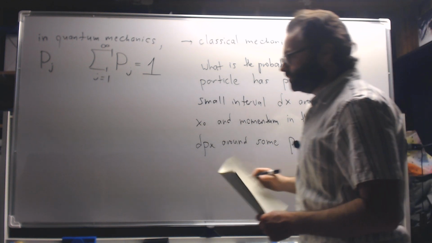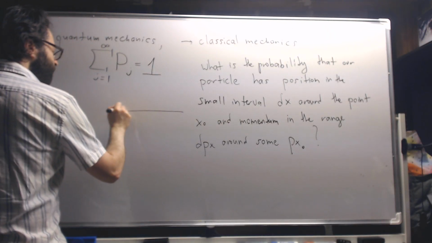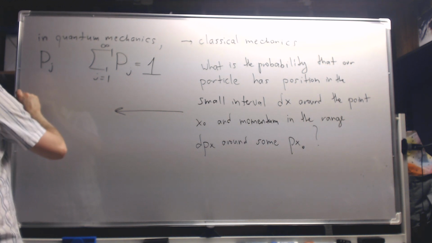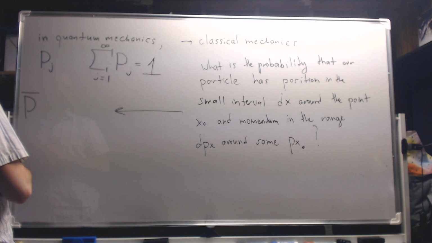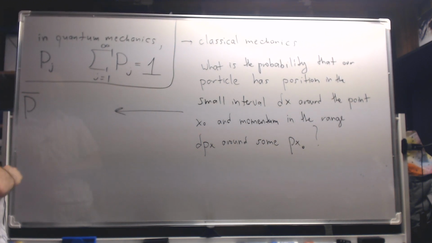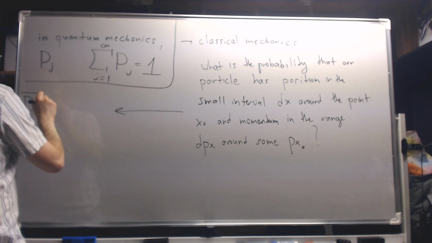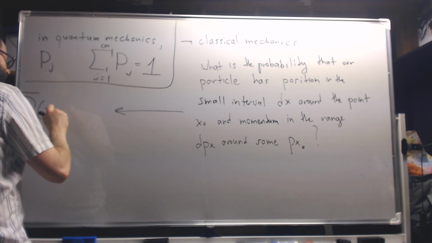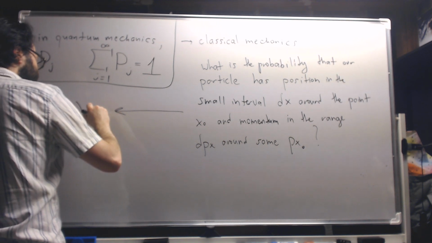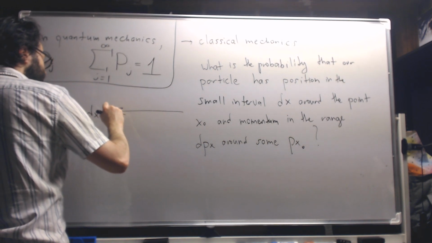And so for the probability, we're going to have a quantity that looks like, I'm going to draw p bar, depending on x naught and px naught, times dx times dpx.